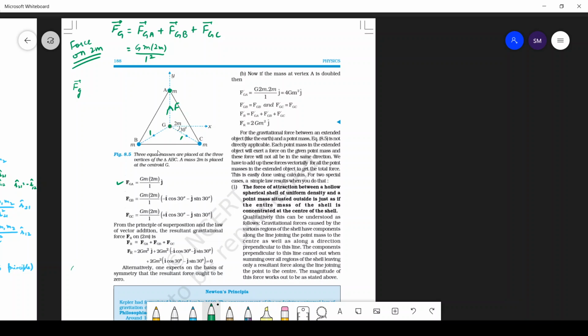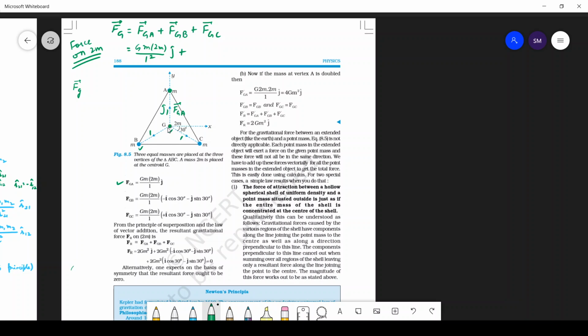So this is my direction, FGA, J cap, plus FGB. Now we are talking about these two masses.